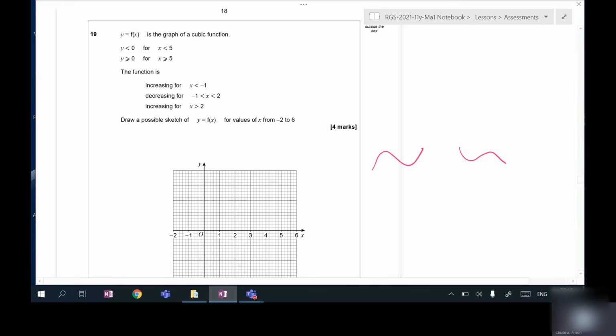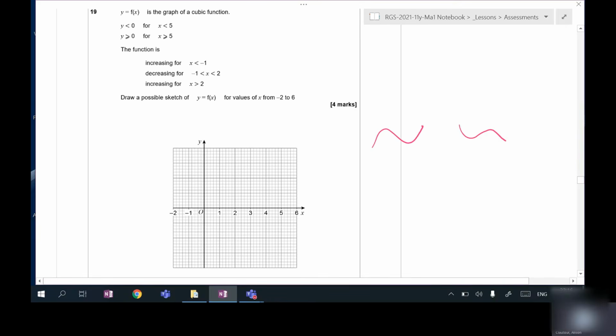We know it's increasing for x less than -1, and then it changes to decreasing from -1 to 2. So your maximum point, because it's increasing and then decreasing, will be at -1. Somewhere on this line is going to be your maximum point.